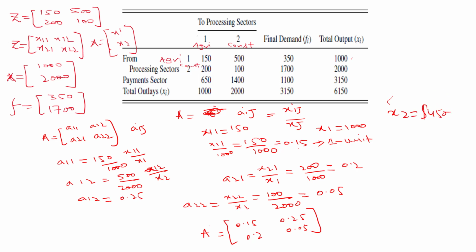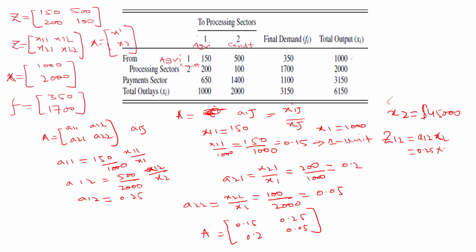45,000. So the input-output answer would be A12 times X2. How do you calculate A12? We have already calculated A12, which is 0.25, times X2. X2 is 45,000.